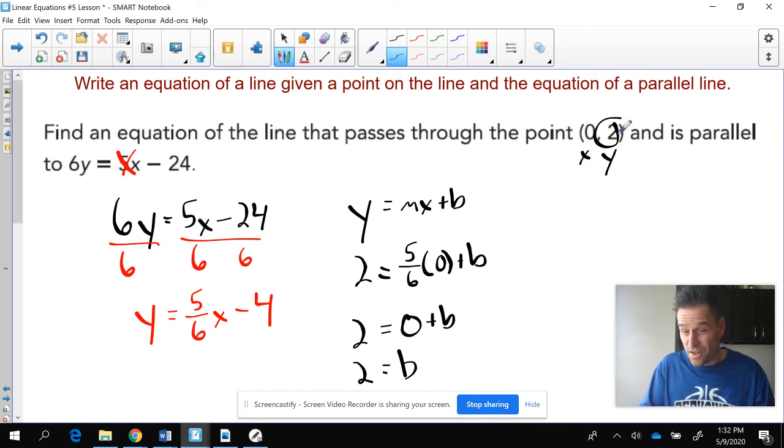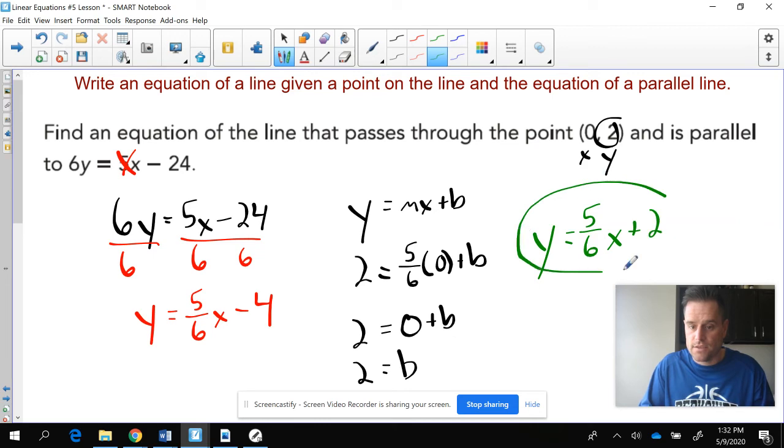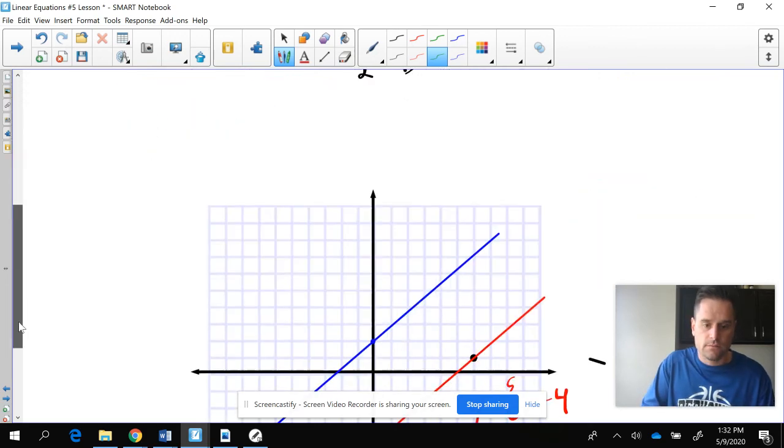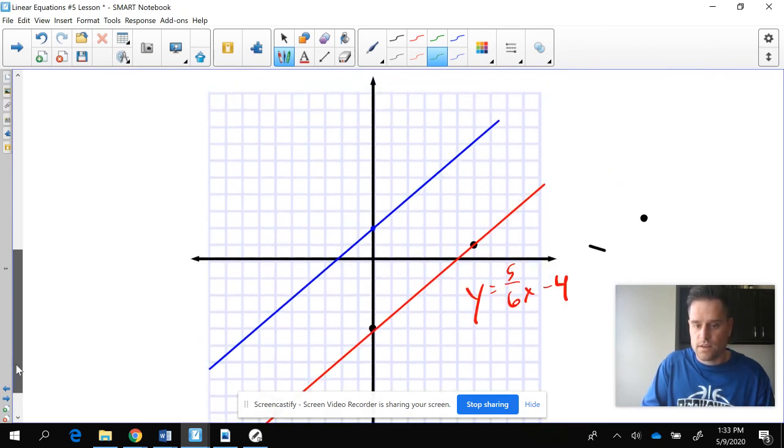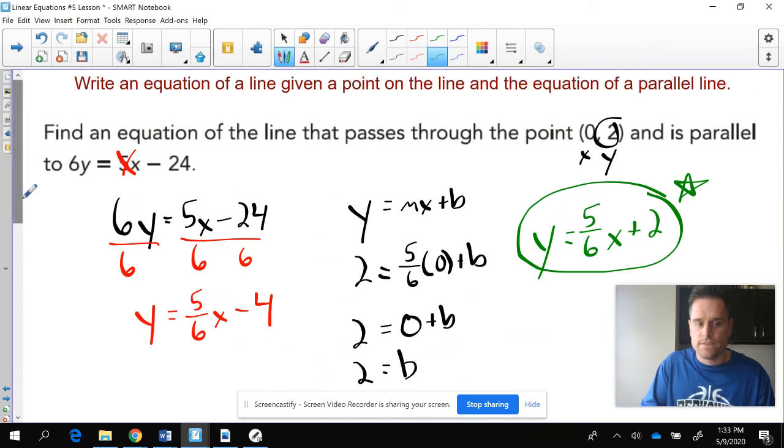Maybe you already noticed that if it's 0, 2, this is where it's going to hit. That is the y-intercept. 0, 2 is the y-intercept. So our answer here is going to be y equals, our slope is 5 over 6, and then our y-intercept is 2. Oh, guys, I don't even know, did I make a graph for that one? I did. Look at that. It's just perfect. It's parallel. Looks great.